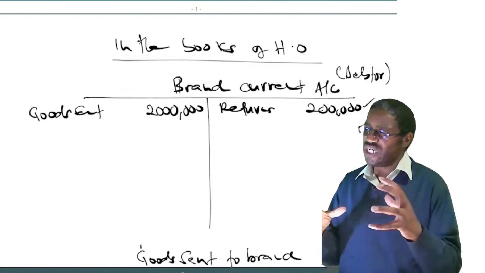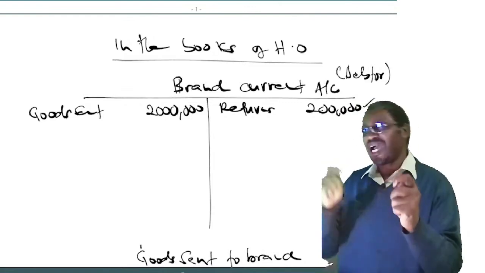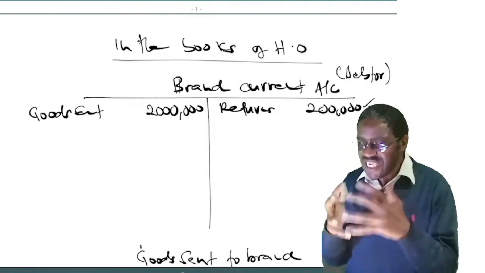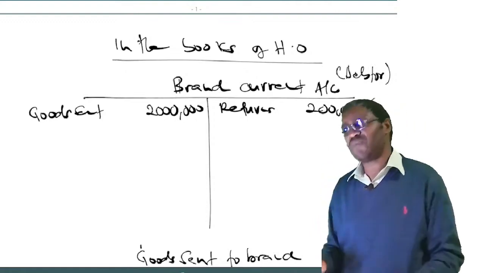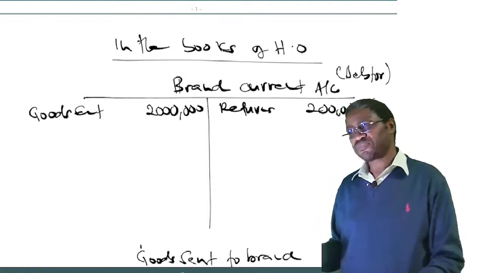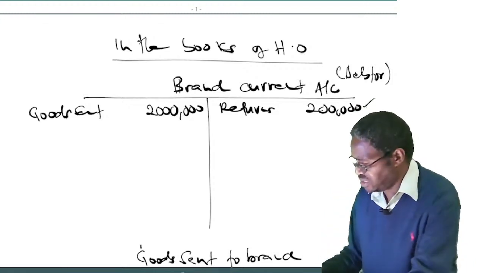Therefore, we have concluded the relationship between the head office and the branch is seen as that of debtor to creditor relationship.